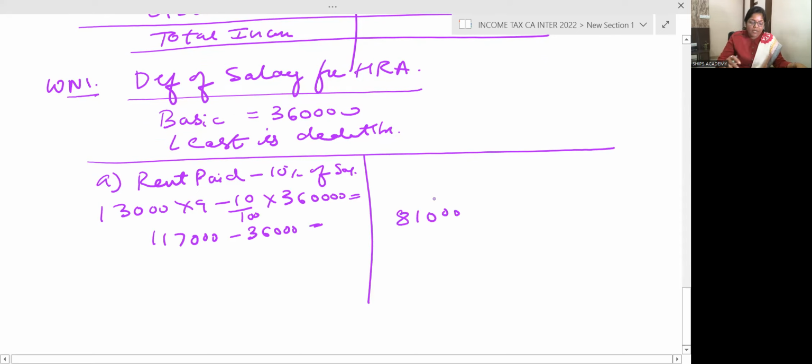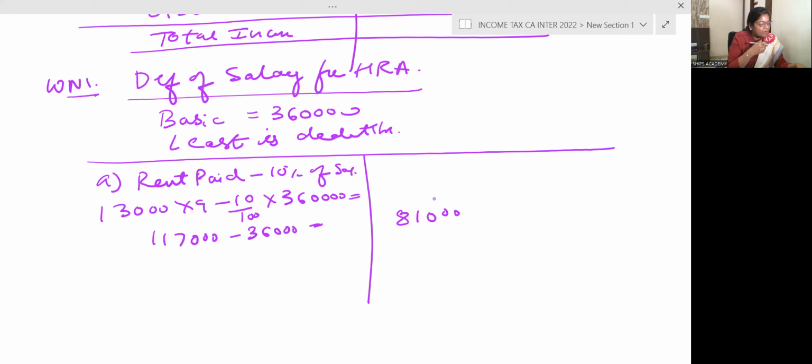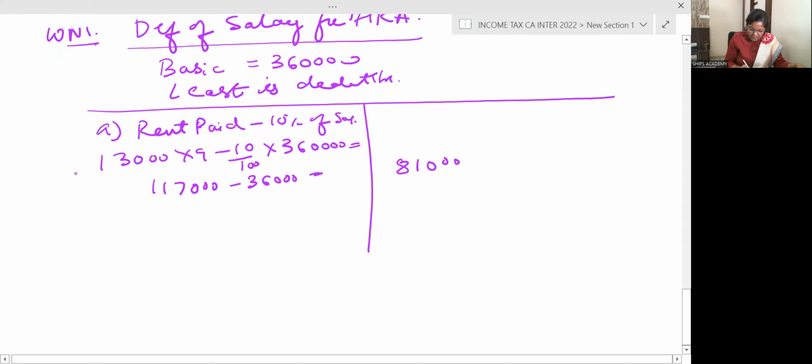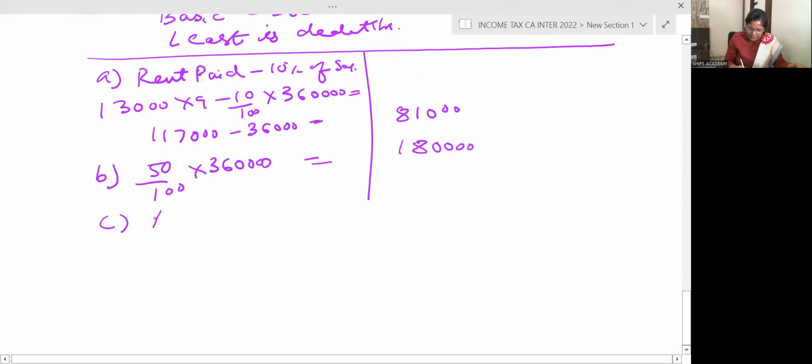81,000. Now he is in which city? He's paying rent where? Okay, nothing given, we'll take 50%. The second bit, B bit, is 50% of 3,60,000, 1,80,000. Generally, it will be given in the exam. And third is actual HRA.